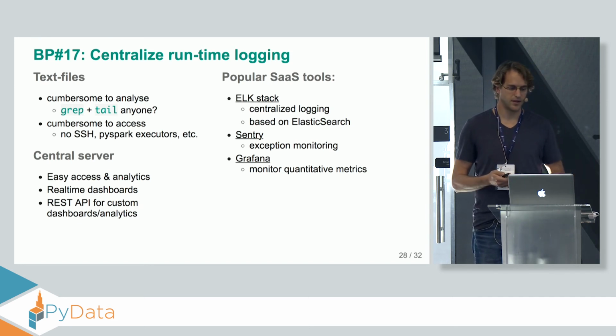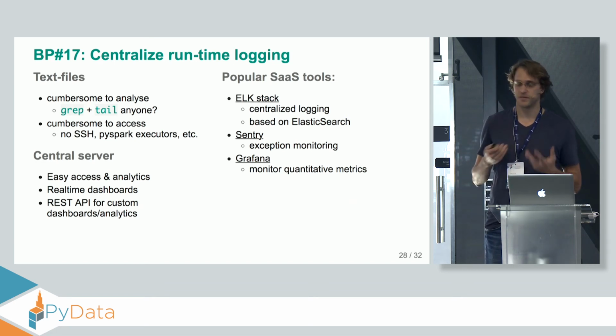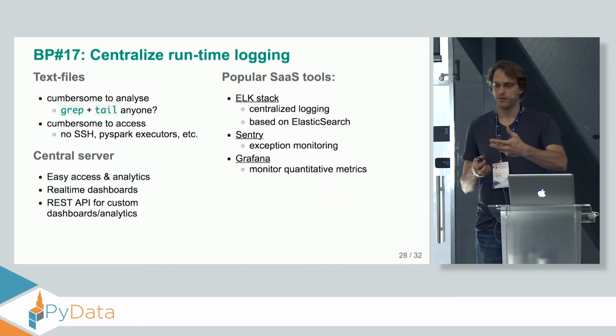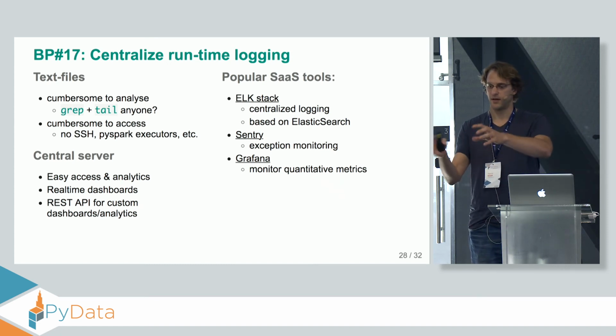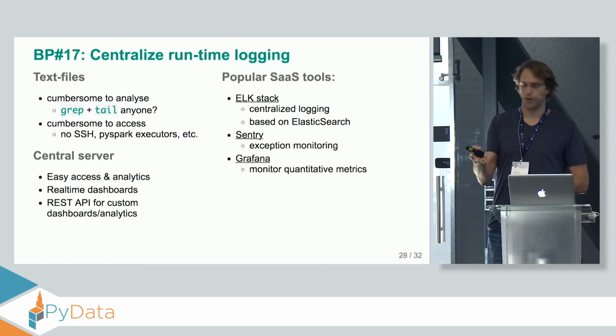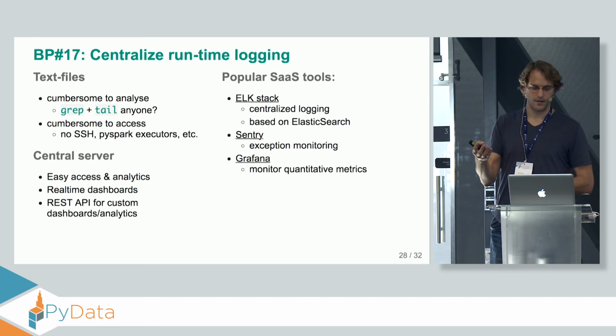If you use, let's say, the ELK stack, which is my personal favorite, you get very easy access. You have Elasticsearch at the bottom as a database, and you push logs there via some log aggregator solution, let's say Logstash.